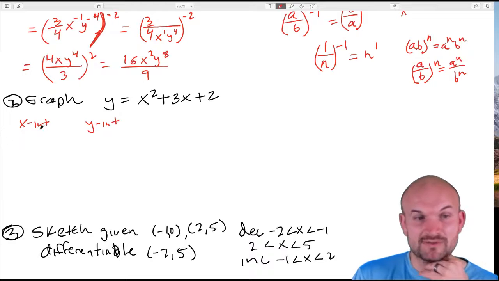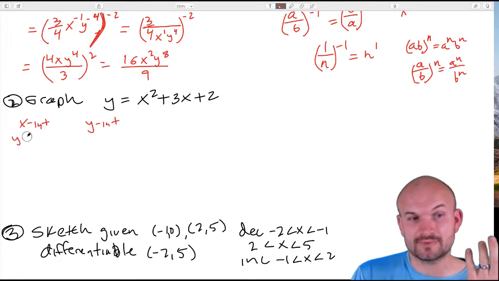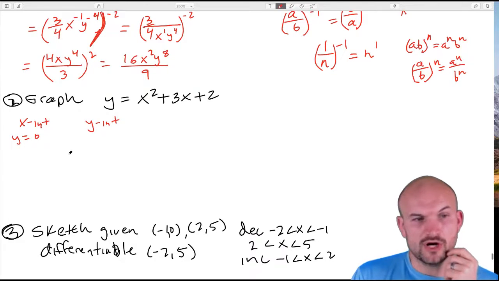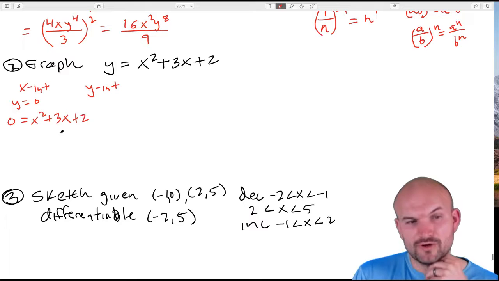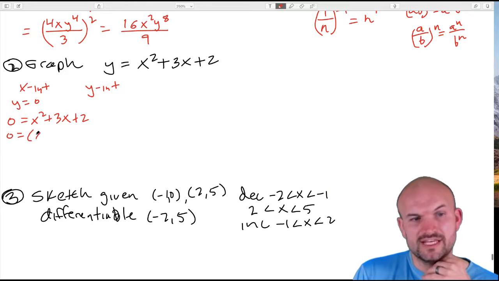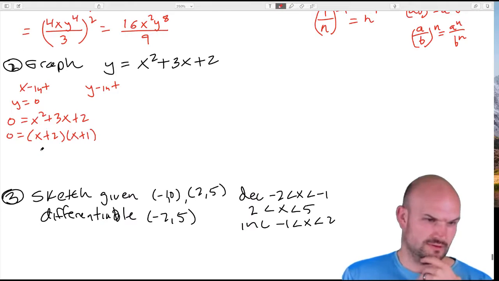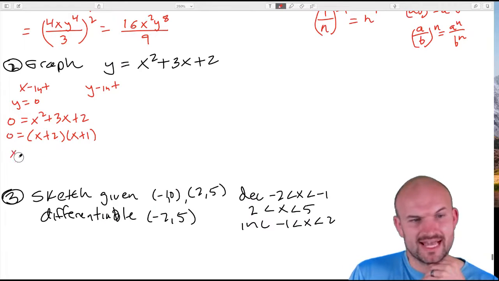Now, the x-intercept is when y is equal to 0. So in that case, we're just going to do 0 equals x squared plus 3x plus 2. Therefore, you can factor this to give you x plus 2 times x plus 1. Now I can say x equals -2 and x equals -1.